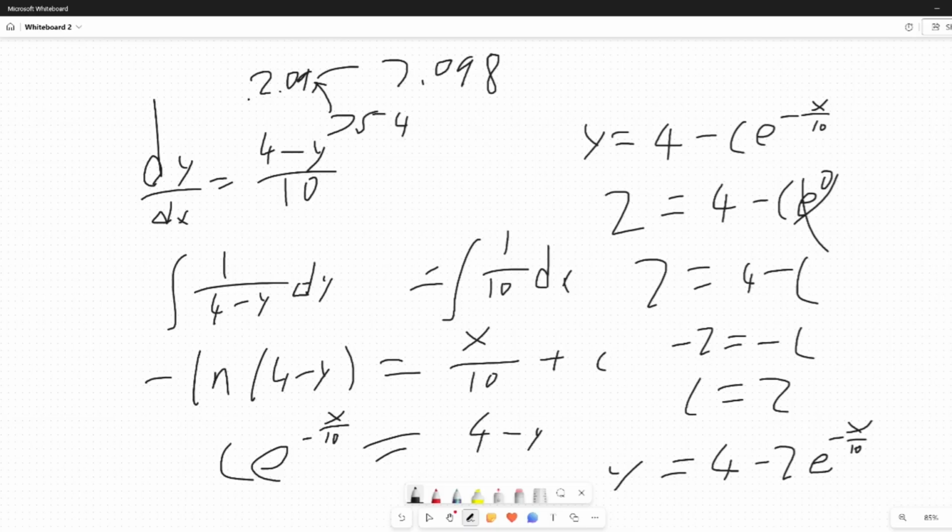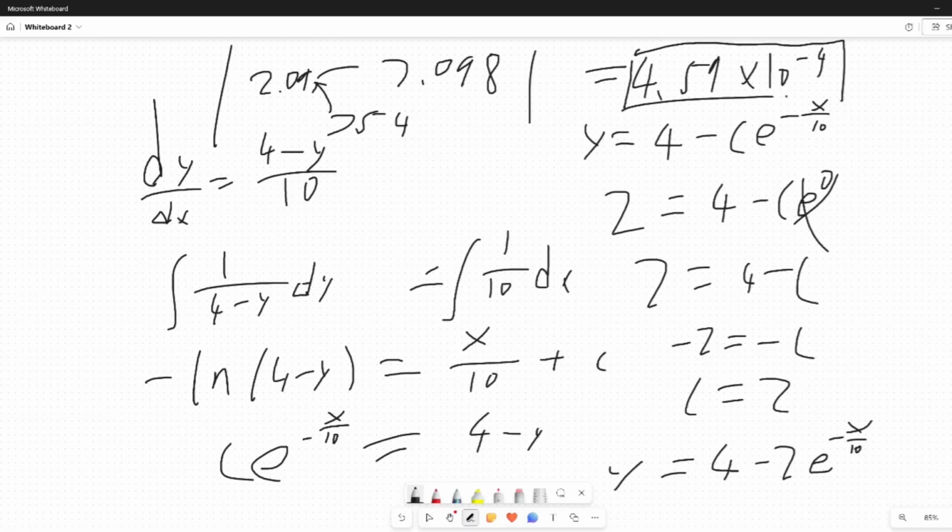All right, so we've got to take the absolute value of this. So what that leaves us with is 4.5, how many? Wait, let's check the sig figs. Okay, it doesn't say, so I'm going to assume 3 times 10 to the power of negative 4. That is the absolute value of the error we made in part A.